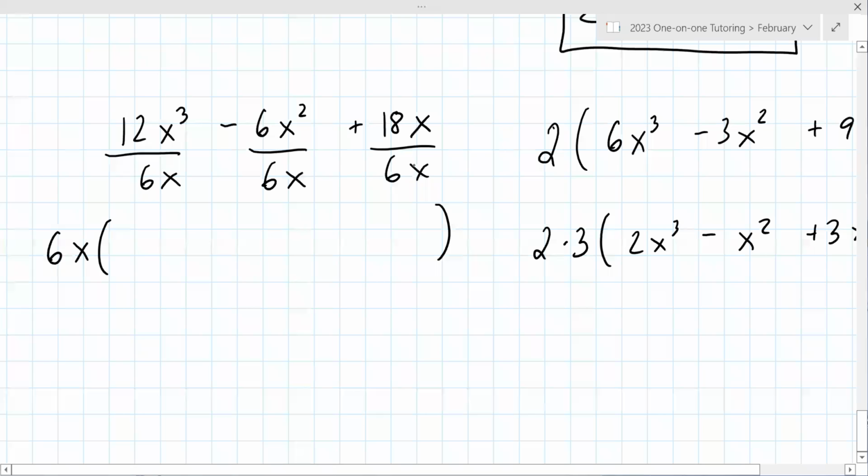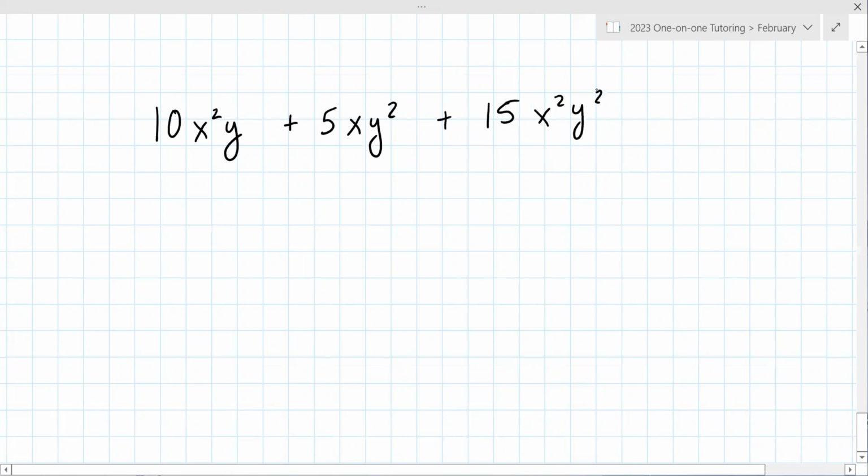Can you tell me what the result is inside parentheses? 2x squared minus 1. Good. And then plus 3, just 3. Very, very good. Okay.